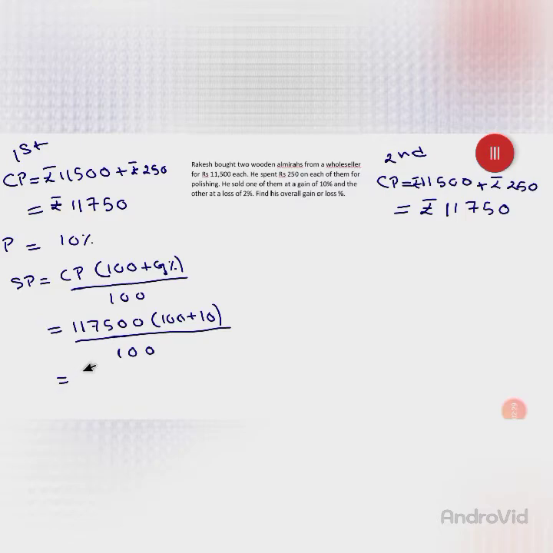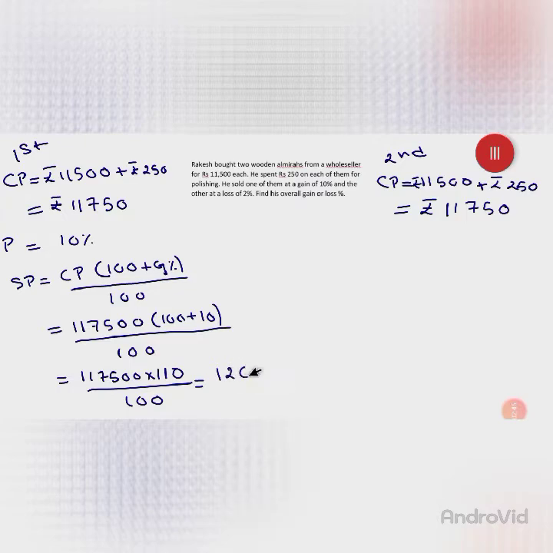Now when we solve this, we get 12,650 rupees. 12,650 is the selling price for first almirah.